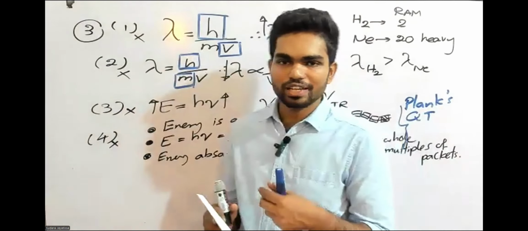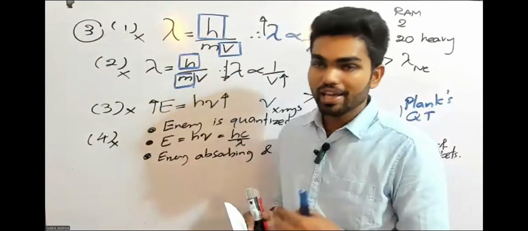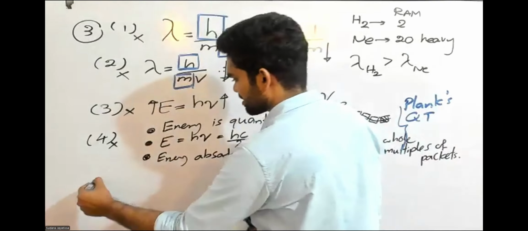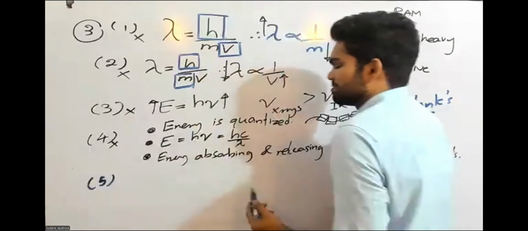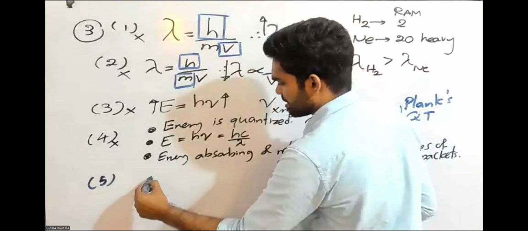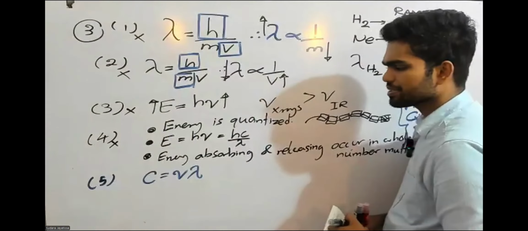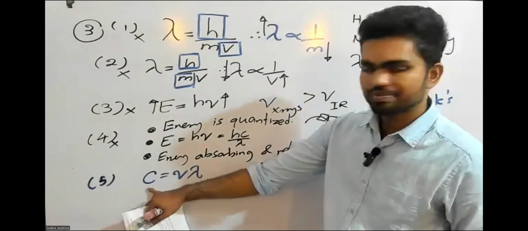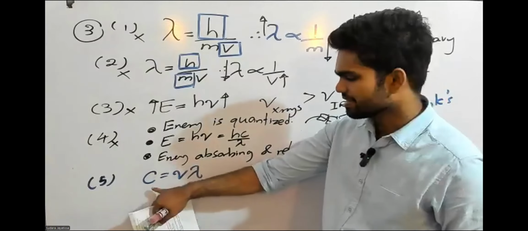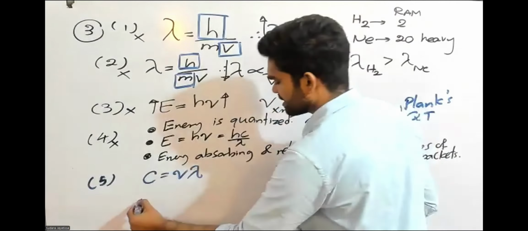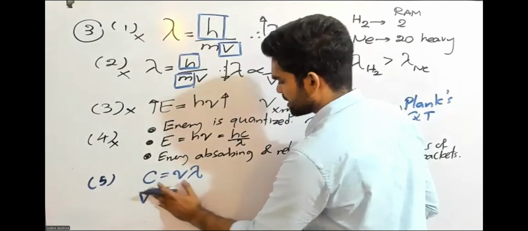Photons that have the same frequency may have different wavelengths. That's something very important. I'm going to explain this one and you can understand. So c equals nu lambda. c is the speed of the wave. Usually this is used as a constant, but here I will use it as the velocity, or you can say speed.